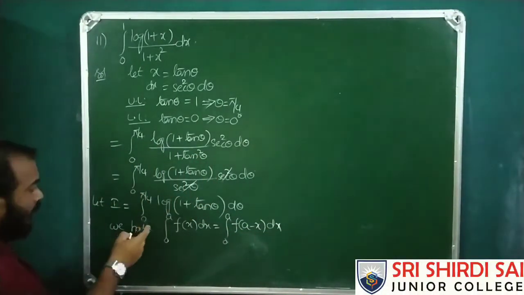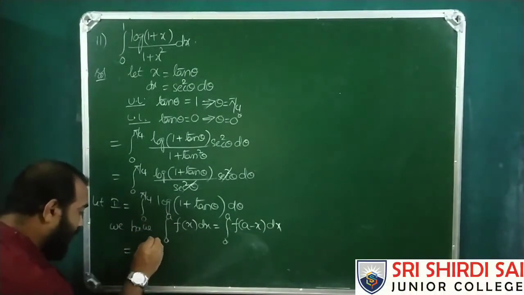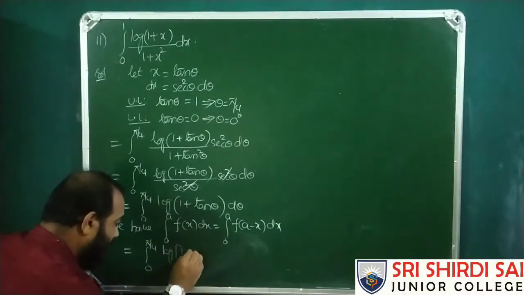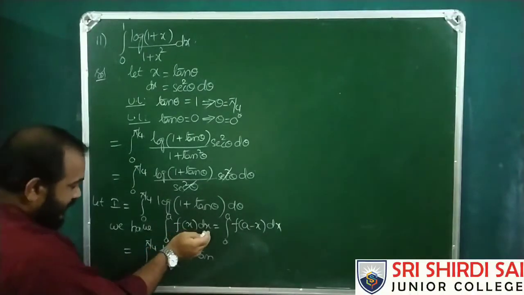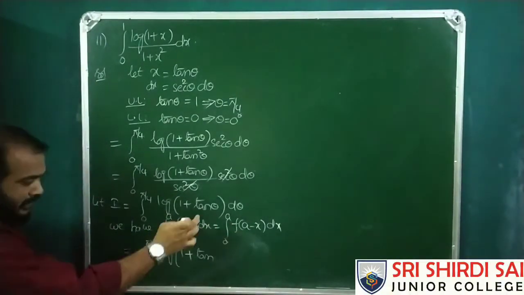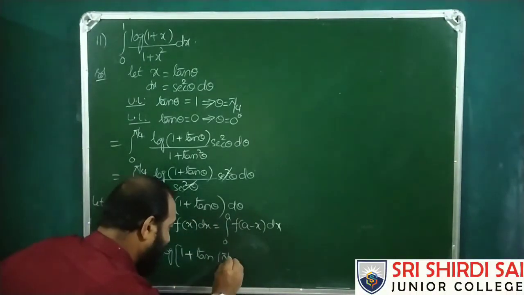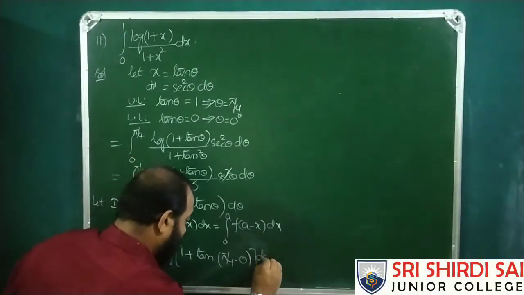If you apply this property here, we get integral 0 to pi by 4 log(1 + tan ...). What this property tells is, in the place of x, upper limit minus x. So in the place of theta, upper limit minus theta: tan(pi by 4 minus theta) whole d theta.